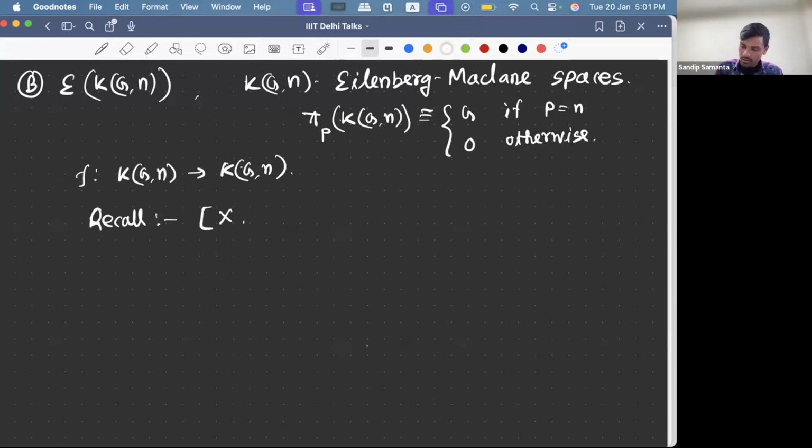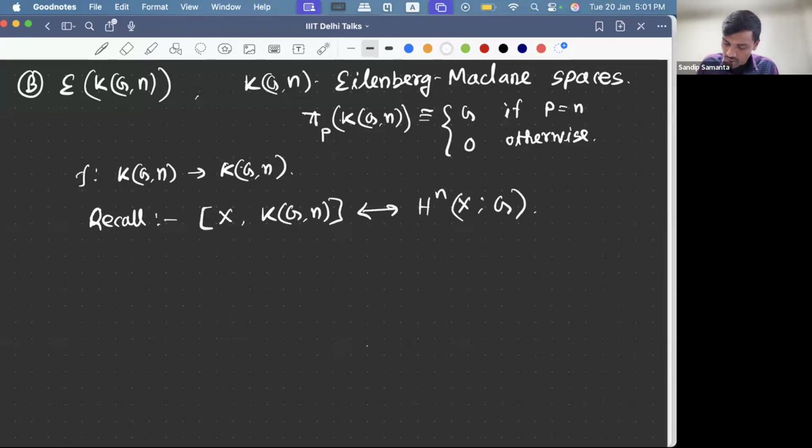If I have a space X and K(G,n), this bracket consists of all homotopy classes of continuous maps, not base point preserving, just continuous homotopy classes of maps. These correspond to the nth cohomology group of X with coefficients in G.